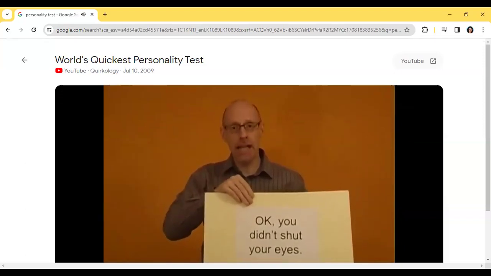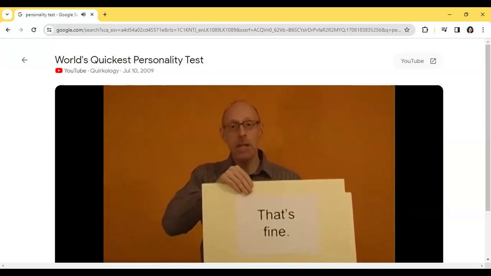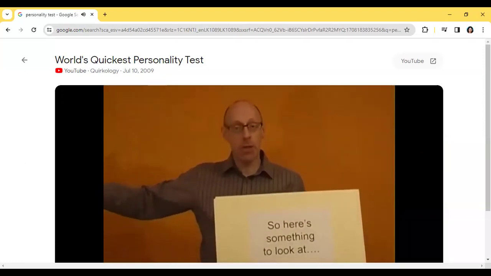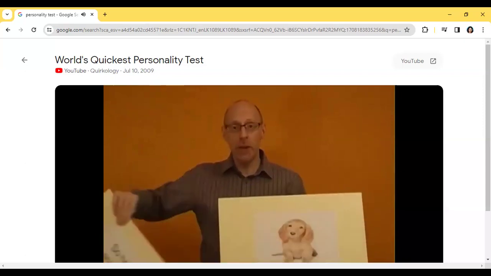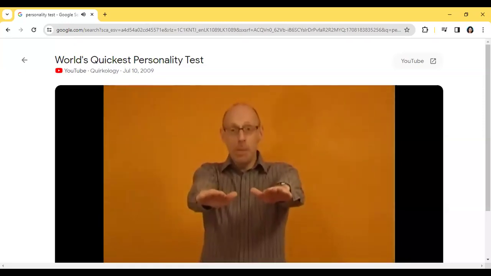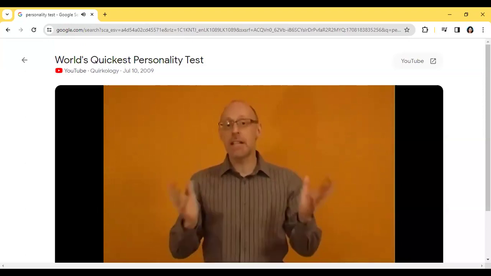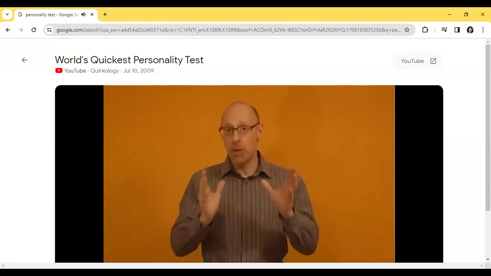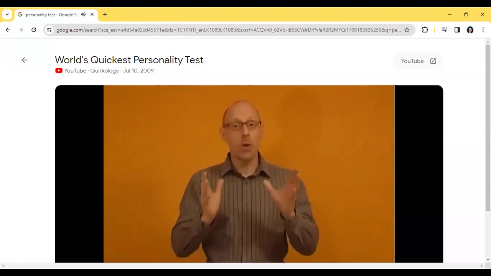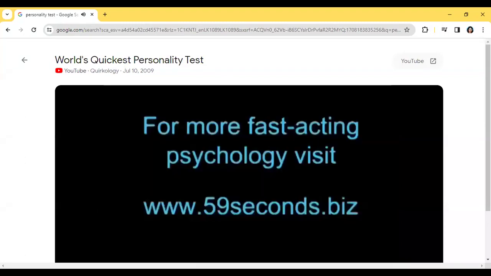So it's gently pulling your right hand up into the air. At the same time, imagine a pile of books on your left hand. The books are pushing down on your left hand and pushing it towards the floor. The balloon is pulling the right hand up, the books pushing the left hand down. Now enjoy any images that float into your mind, but still remember that your hands are being pushed and pulled. Excellent. Now open up your eyes. So what does it mean? Well, if your hands are far apart, then you tend to have a good imagination. You're sensitive, intuitive, and you easily become absorbed in books and films. If your hands are level, you're more down to earth. You're more logical, you're more analytical, and you enjoy puzzles and games. And if you saw an image of a puppy, well, you just tend to be a little bit suspicious.